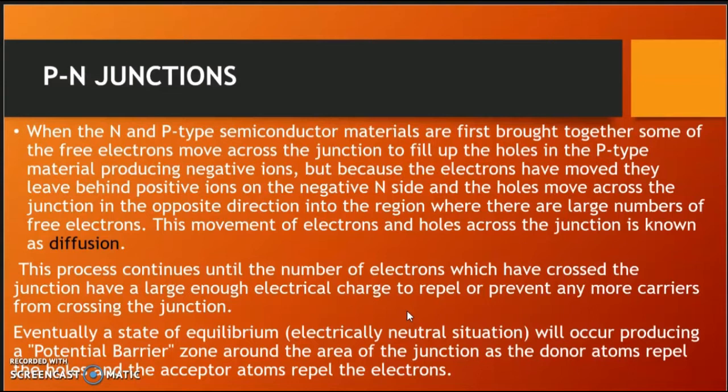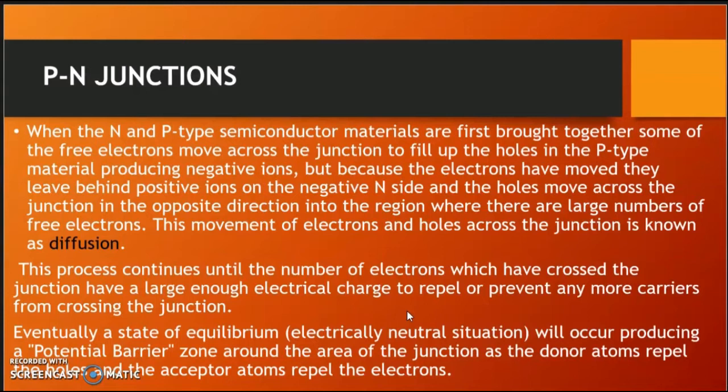But due to this movement, that is charge diffusion, the charge across this junction becomes very large. It gets to a point that they start to repel, in the sense that the holes do not need electrons again, and these electrons do not need to fill any holes again. So they become static and there is no room to contain the majority carriers on both sides. So equilibrium is formed.